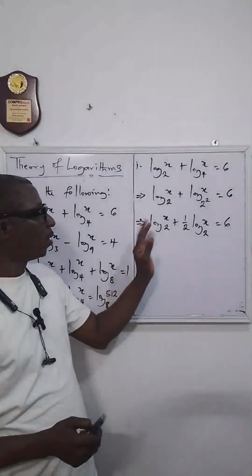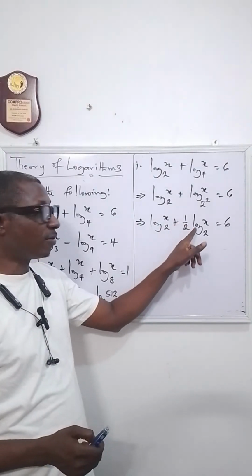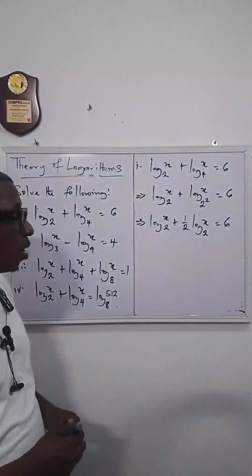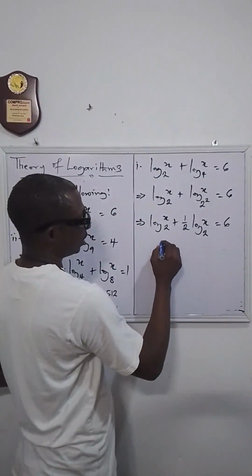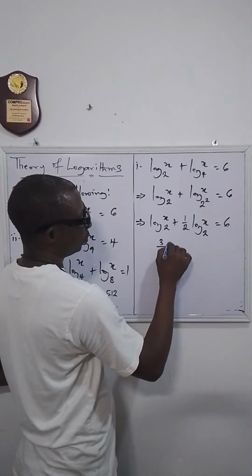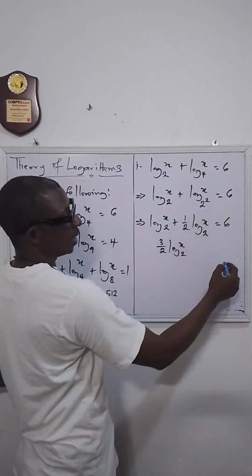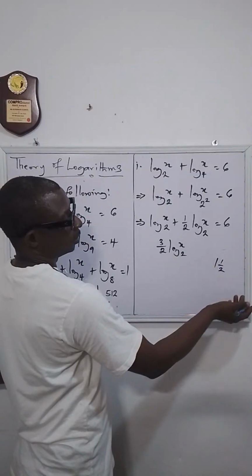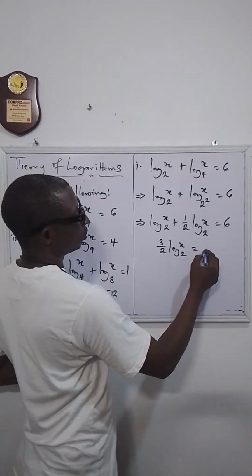Now we are adding 1 log x base 2 plus half log x base 2. That's going to give you 1.5 log x base 2, and that's the same thing as 3 over 2 log of x base 2. I hope you understand that: 1.5 is the same thing as 3 over 2. So equals 6.